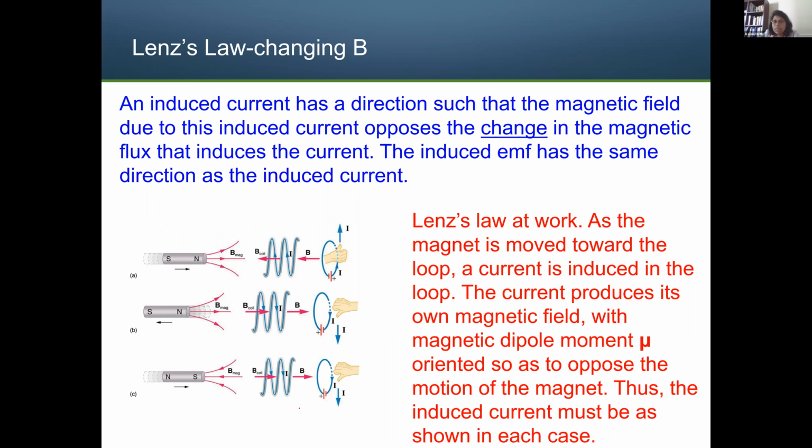What that means is, for example, you can think of it this way. I have a coil, similar to the earlier experiment, and you bring the magnet's north pole towards the coil. When you do that, you are creating a stronger magnetic field, in this case to the right direction, by bringing north towards the coil, right?